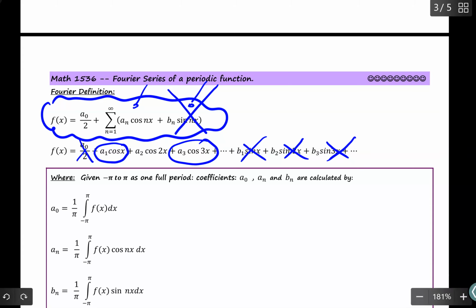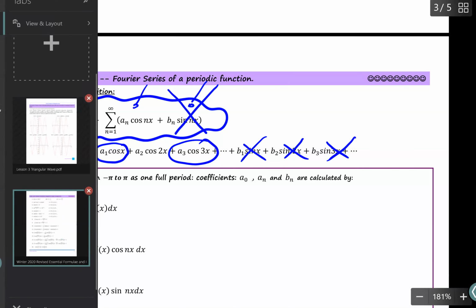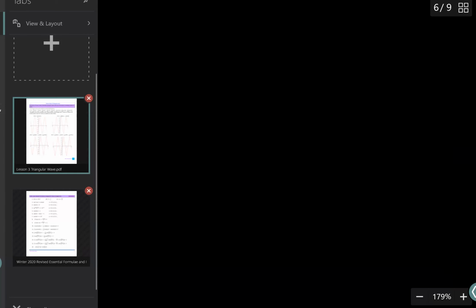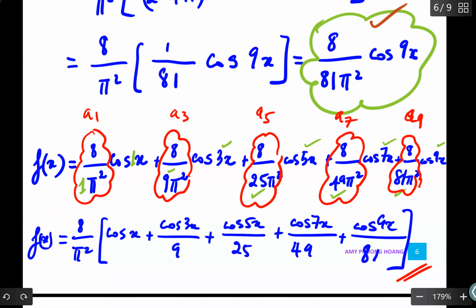I don't have this in this case, and according to the equation given to me, I found it as a over pi square and all of these terms inside the brackets. Alright, thank you.